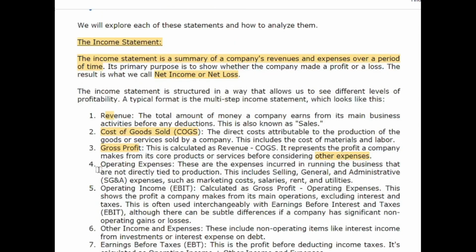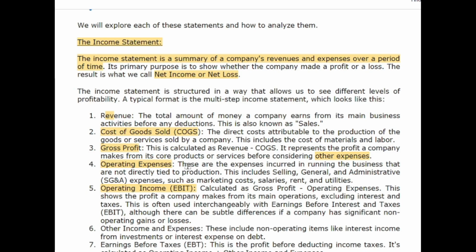Now the next part is operating expenses. The operating expenses include all the expenses incurred in running the business that are not directly tied to production, which includes selling or general administration expenses, sales and marketing costs, salary, rent. All these belong to operating expenses. The next part is operating income.